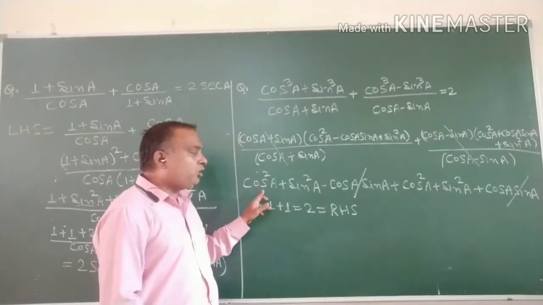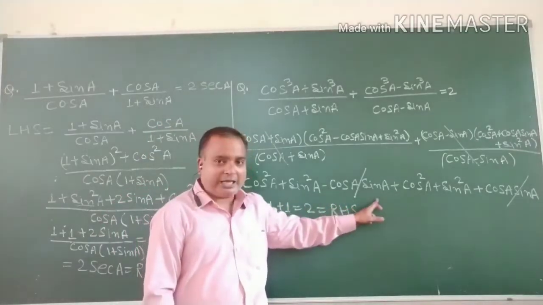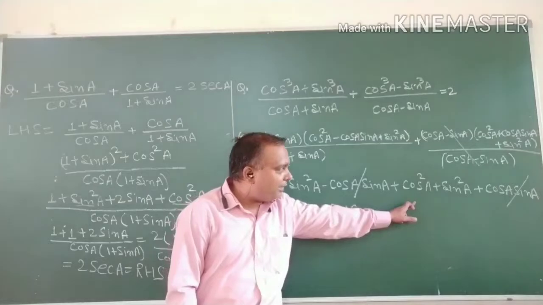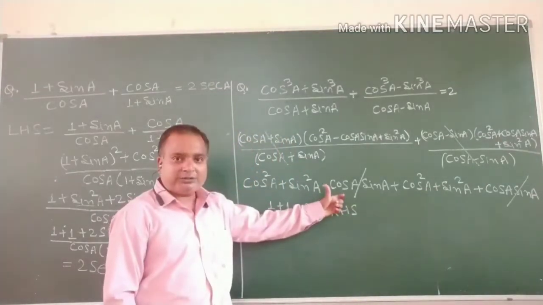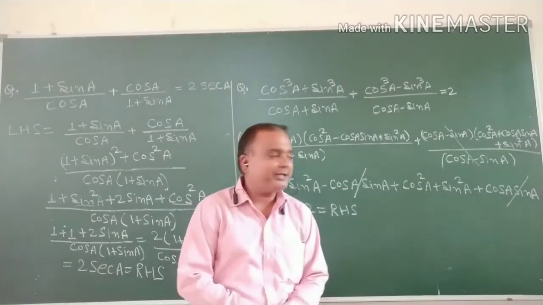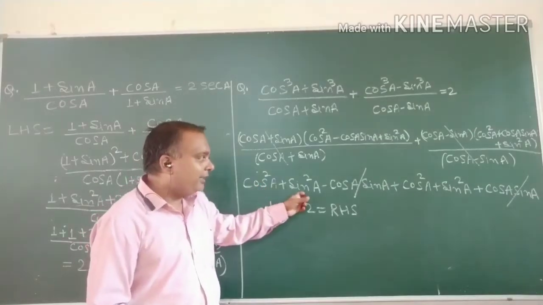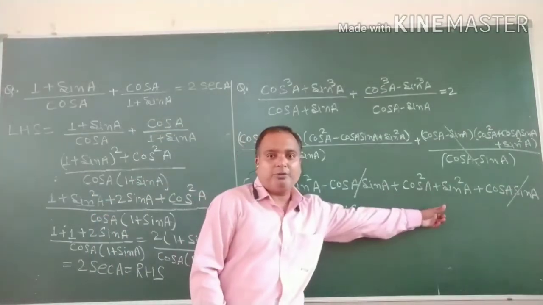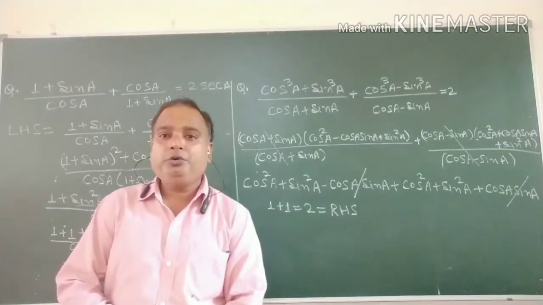The remaining terms are cos square A plus sin square A minus cos A sin A, plus cos square A plus sin square A plus cos A sin A. Now it is minus cos A sin A and it is plus cos A sin A. Can we cancel out? Yes, we can cancel. So the remaining is cos square A plus sin square A, cos square A plus sin square A. So we can write 1 plus 1, that is equal to 2.